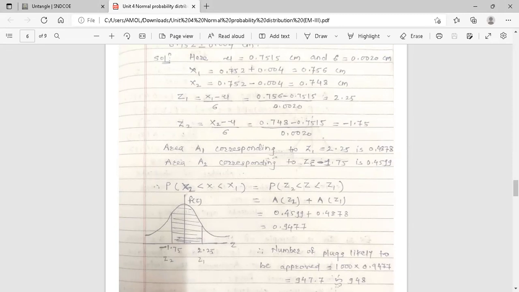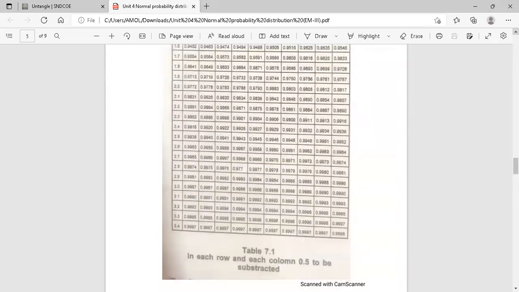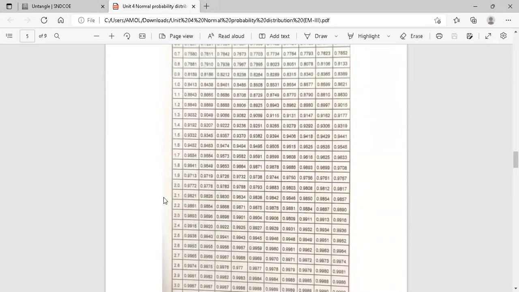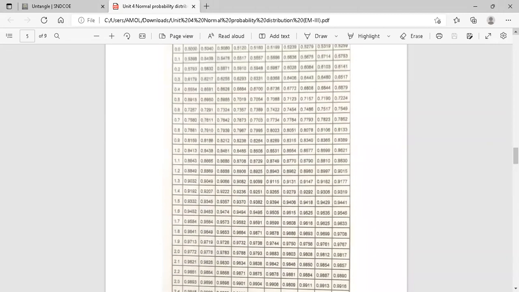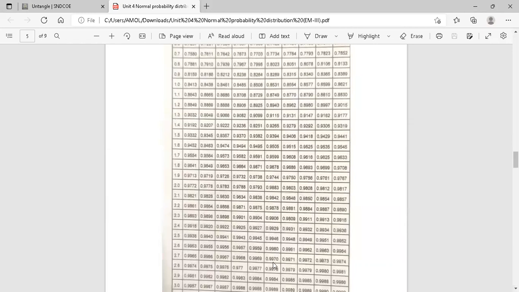You again take the value of the area for 2.25 from the distribution table. 2.2, and the difference of 5, so 2.25.